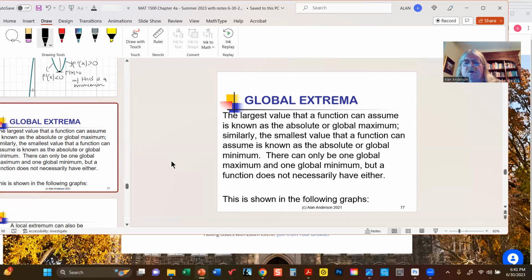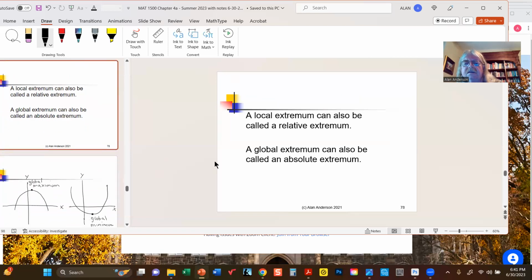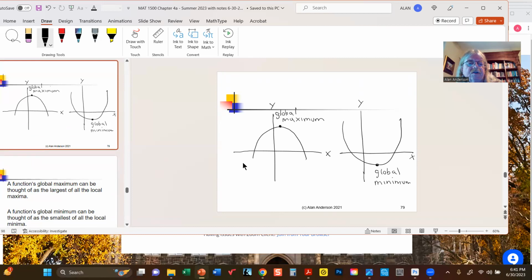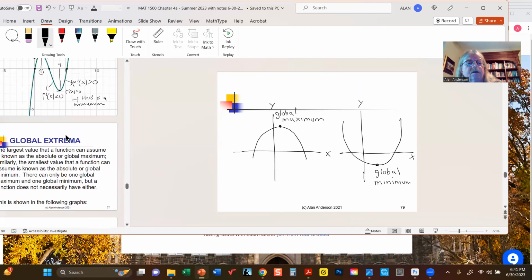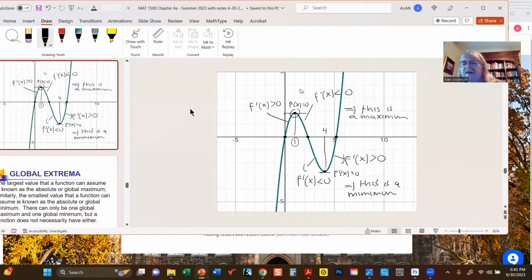Now, what about global extrema? Well, let's see. We know already the difference between the two. Here these functions have a global maximum and a global minimum. This function only has a relative maximum and minimum.